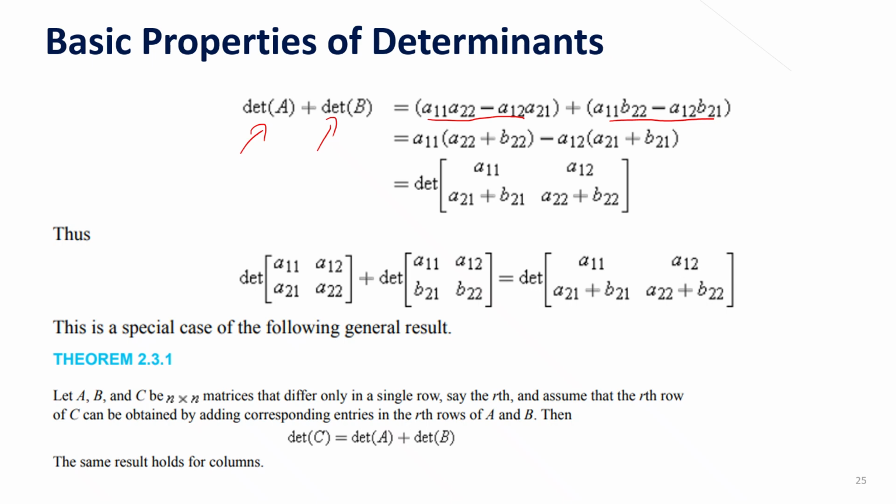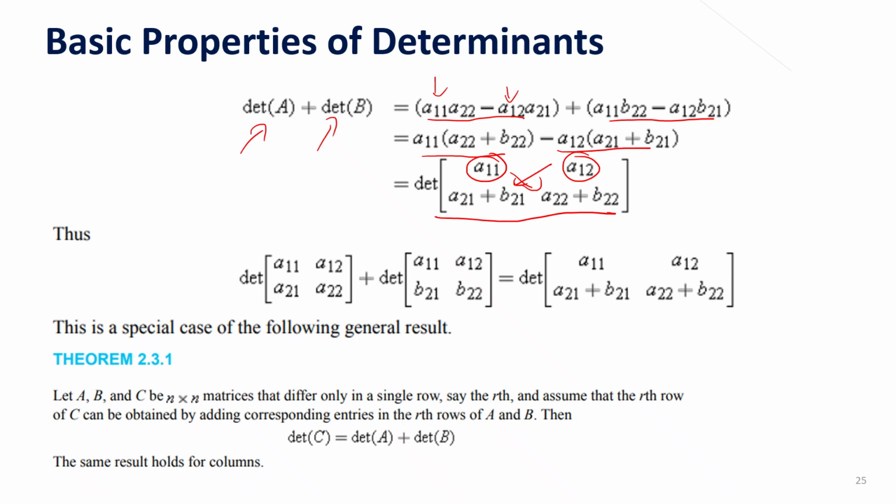Since the corresponding entries 1 1 and 1 2 are the same, you can expand it like this. This means it will be equal to the determinant of a11, a12, this multiplied by this minus this multiplied by this.